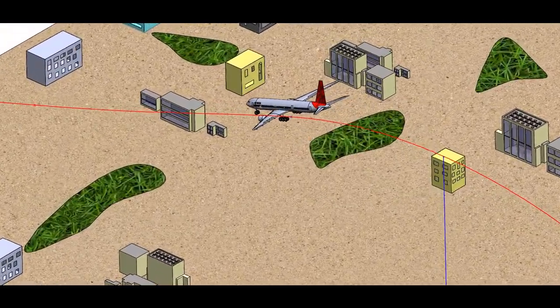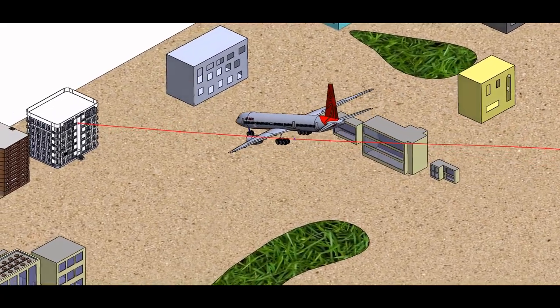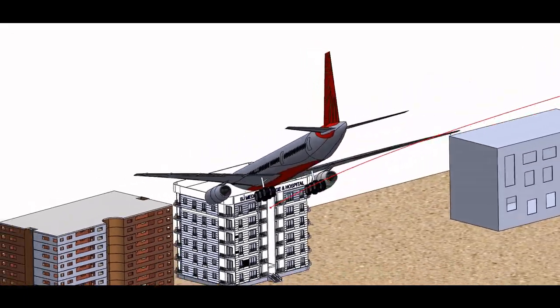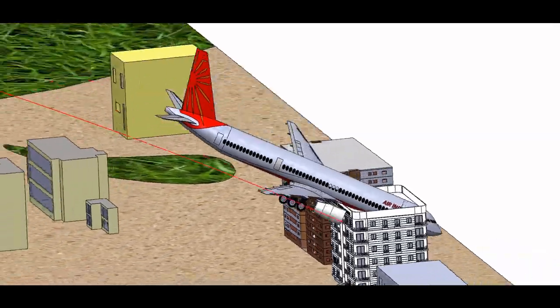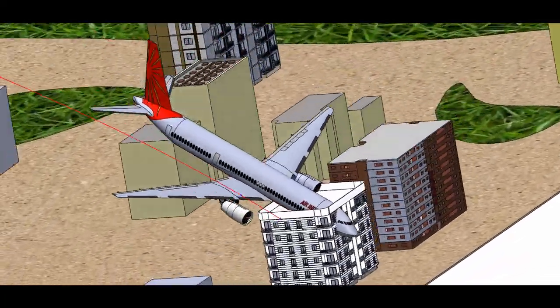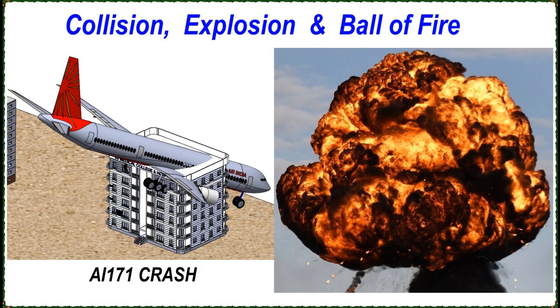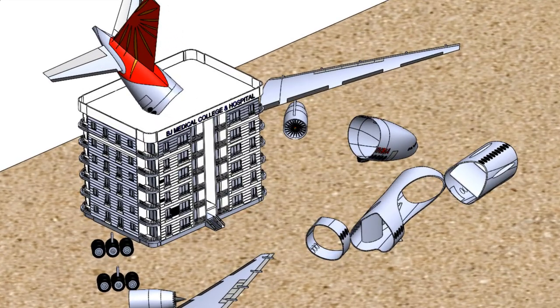Then it starts losing its altitude and dips. Collision of AI 171 on the BJ Medical College building, subsequent explosion and ball of fire. Ultimately, AI 171 shattered into pieces and debris.